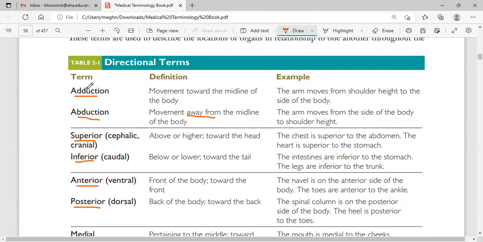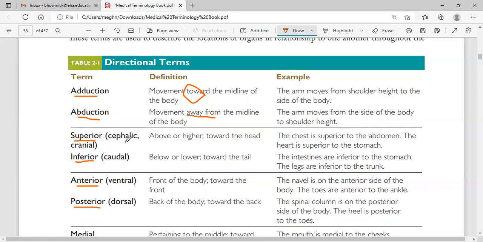Adduction: the arm moves from shoulder height to the side of the body. Abduction: movement away from the midline of the body. The arm moves from the side of the body to shoulder height.